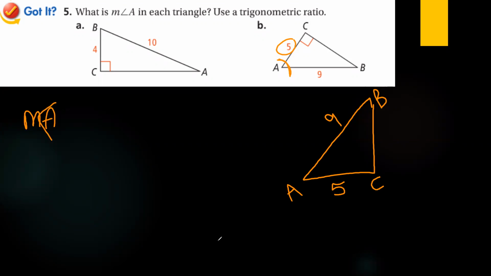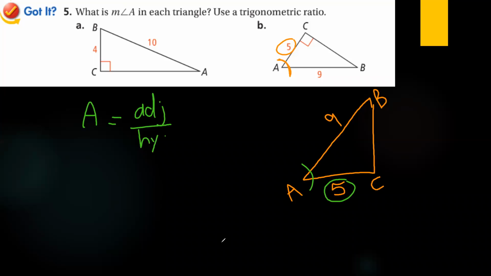We're going to use opposite over adjacent, which is the tan. No, it's adjacent over hypotenuse, which is the cosine. Yes, first come back: this is angle A, and for angle A, I have an adjacent and I have its hypotenuse.